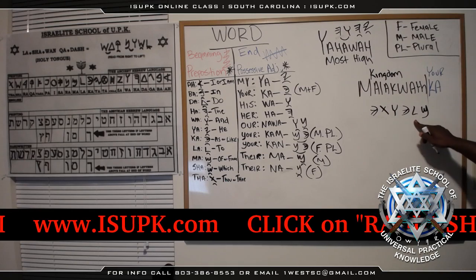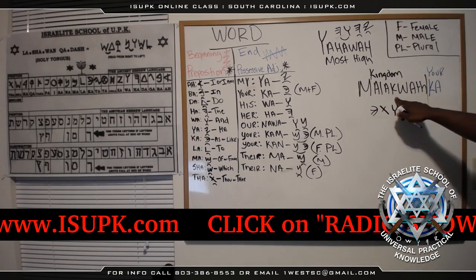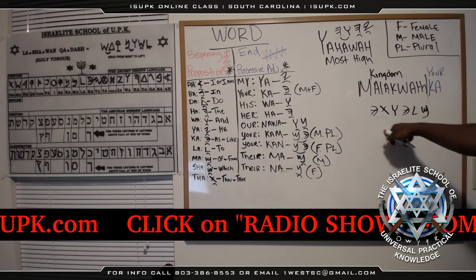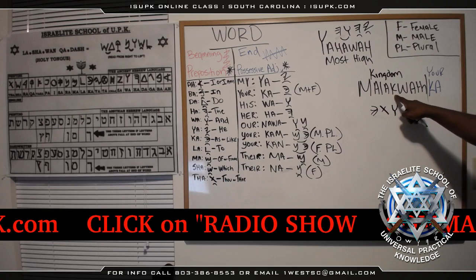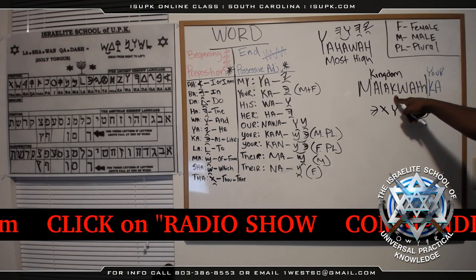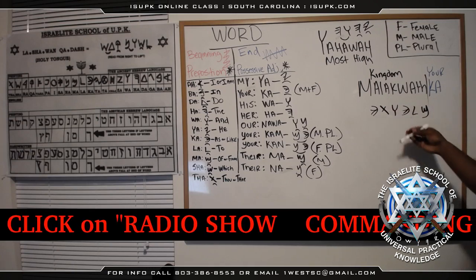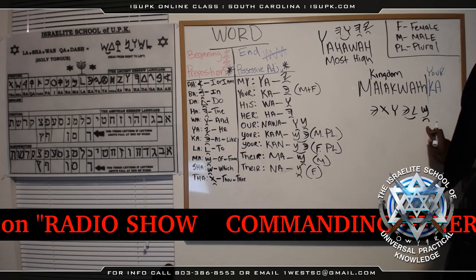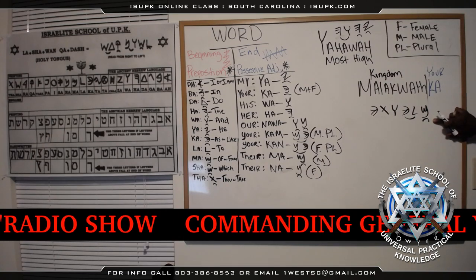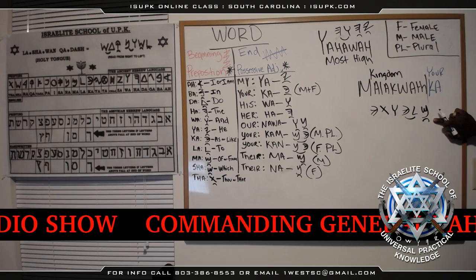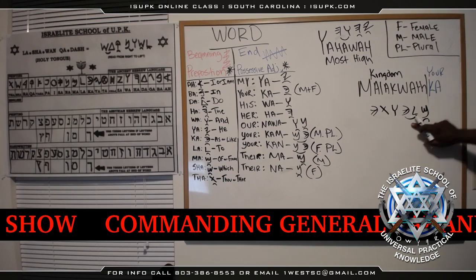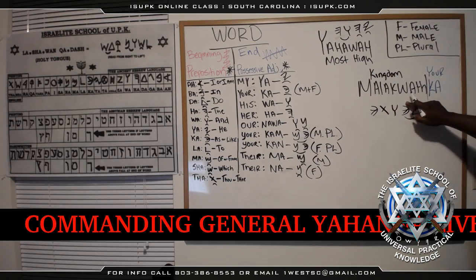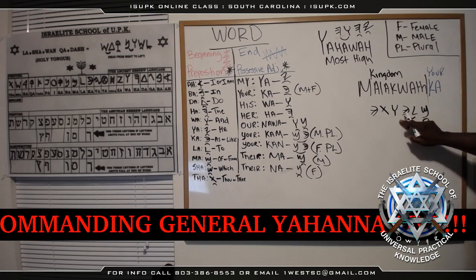Now, the Ka right here doesn't have an A on the end because these two are connected. The upside down connector means it's pronounced independently. This connector that swoops between two characters means that they are connected. So La and Ka becomes Lak. Ma-lak.